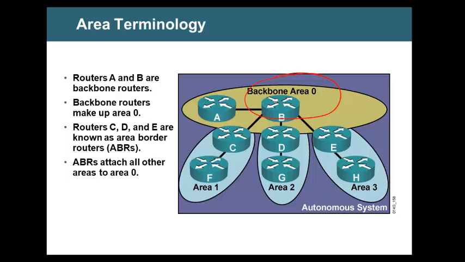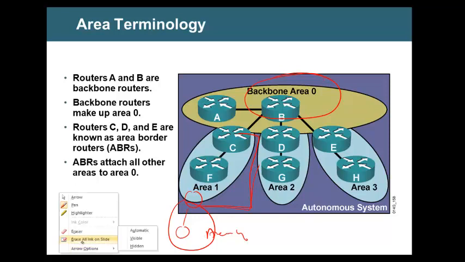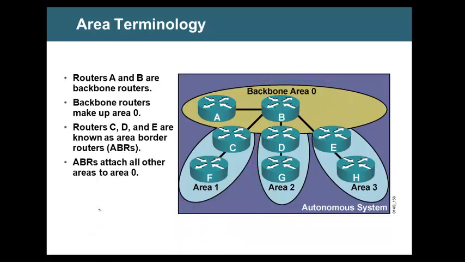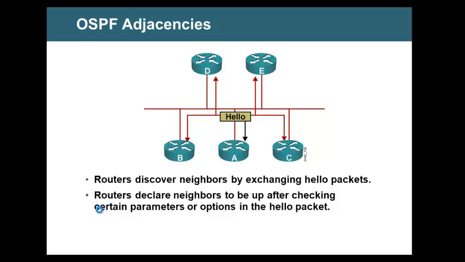Let us move on. This is a well-known story, ABR. I don't want to get into these things. Hello packets are sent every 10 seconds, as we already discussed. There are certain parameters that must match in the hello packets. For example, the timer should match, and the subnet mask should match.